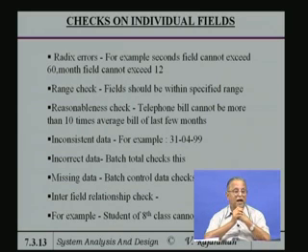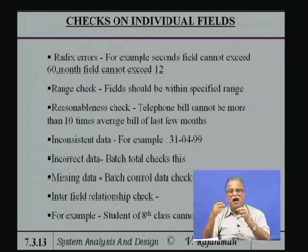That is called a range check. And these are very easy to include in any program while the data is being entered. As soon as the data is entered, a little program looks at the data and takes out the obvious errors like radix errors or range check failures.